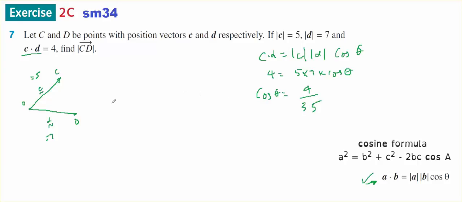Okay, I need to find the distance from C to D, or the magnitude of vector CD. So what I need to find is the line from C to D, its magnitude.